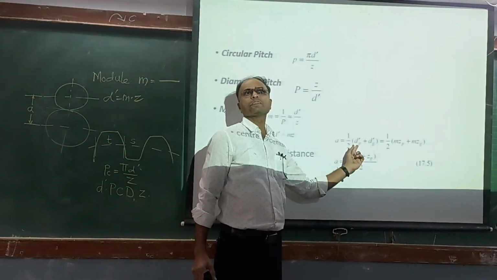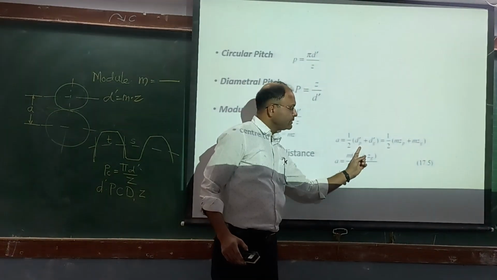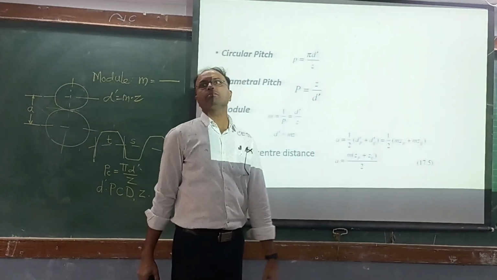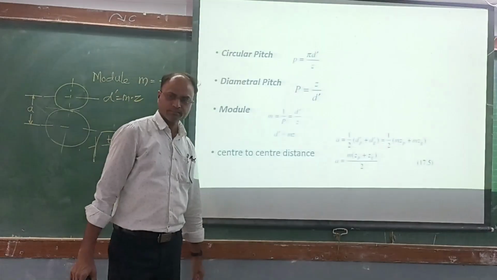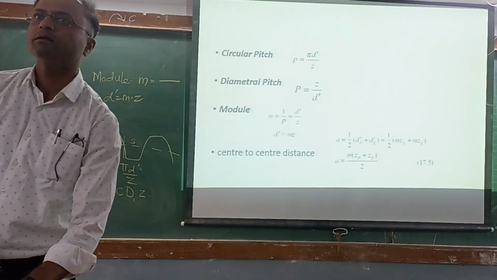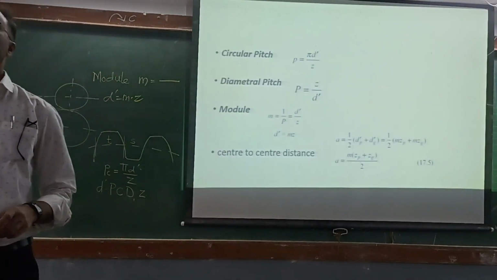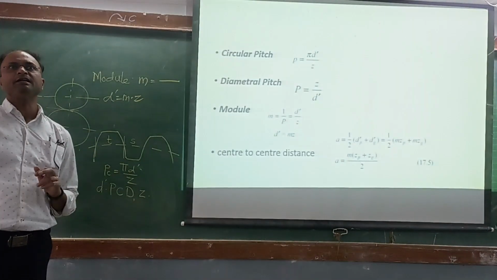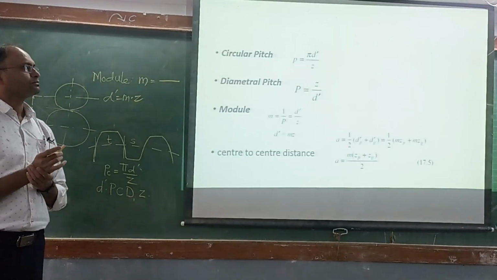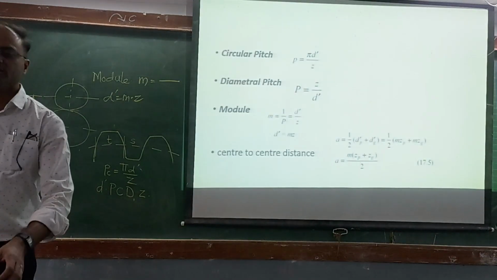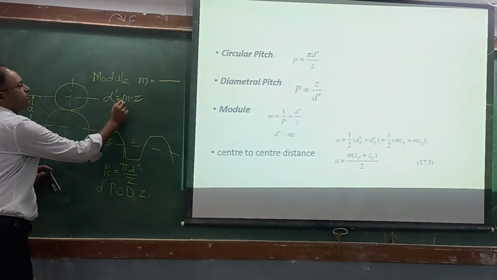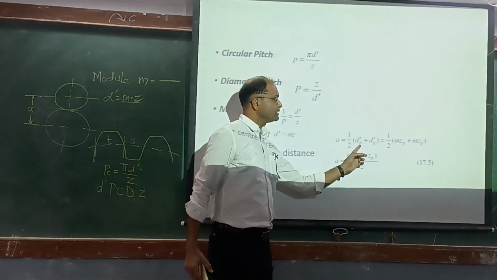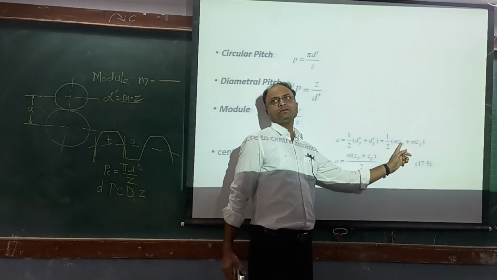Now what is dp? Pitch circle diameter of pinion, pitch circle diameter of gear. So write down. It is given by 1 by 2 (dp dash plus dg dash). Here dash notation is for PCD, pitch circle diameter. But just now we have seen diameter is given by mz. So instead of dp dash, what I can write? m zp.